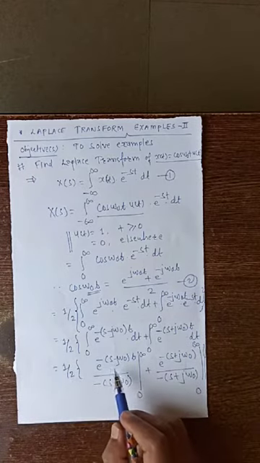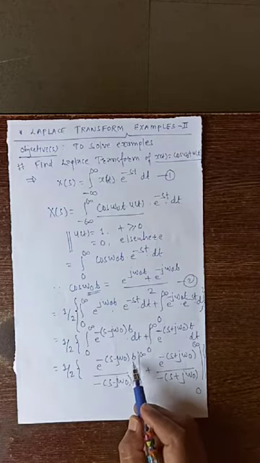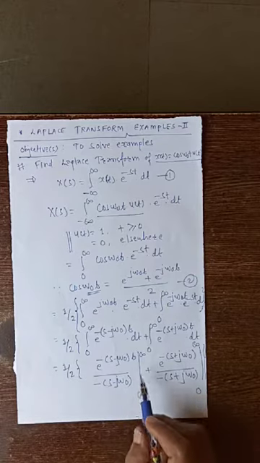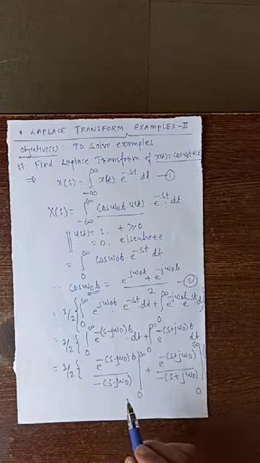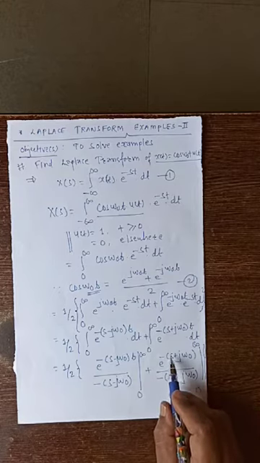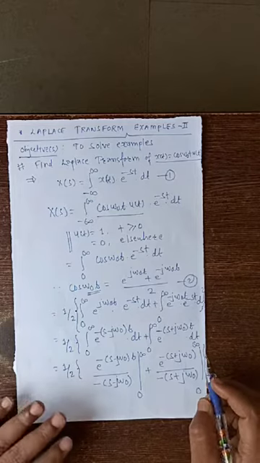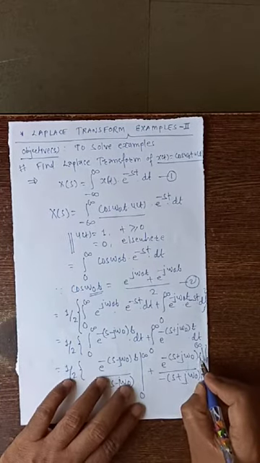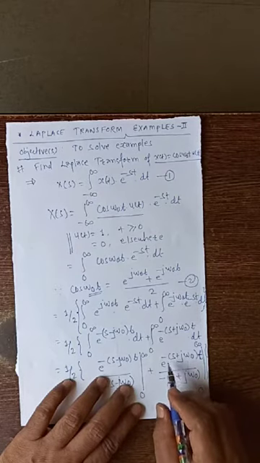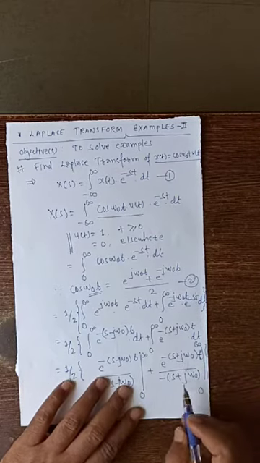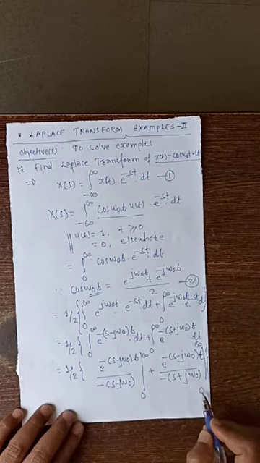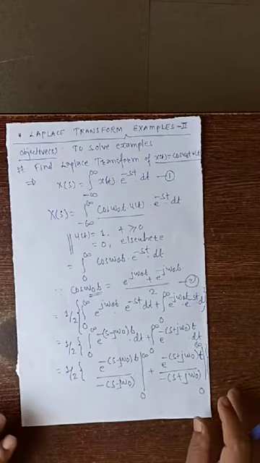Take the integration: e raised to minus s minus j omega naught t divided by minus into bracket s minus j omega naught, limit from 0 to infinity, then plus e raised to minus s plus j omega naught t divided by minus into bracket s plus j omega naught, and the limit is 0 to infinity, bracket is complete.